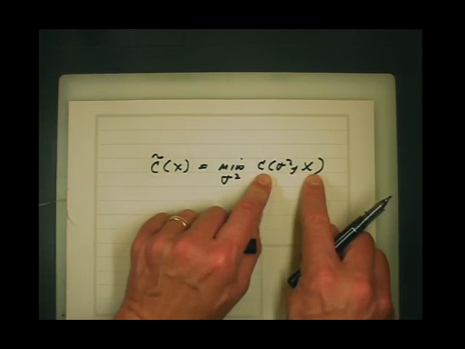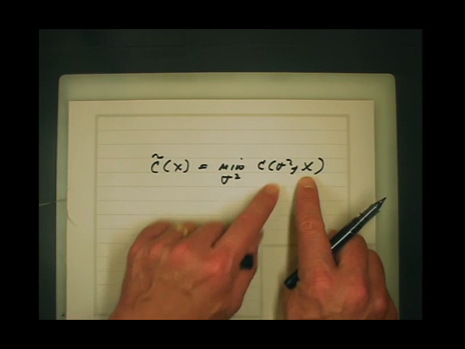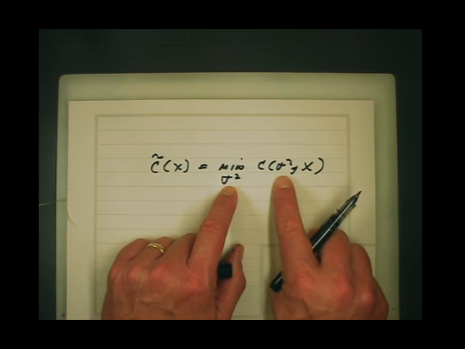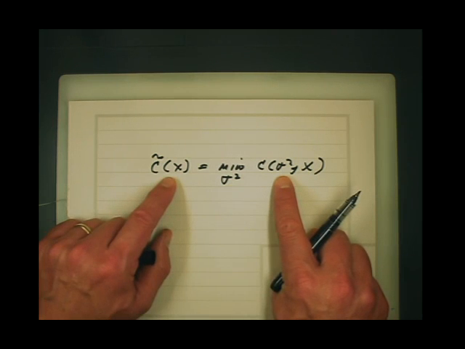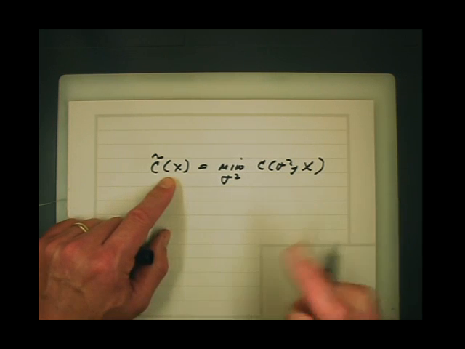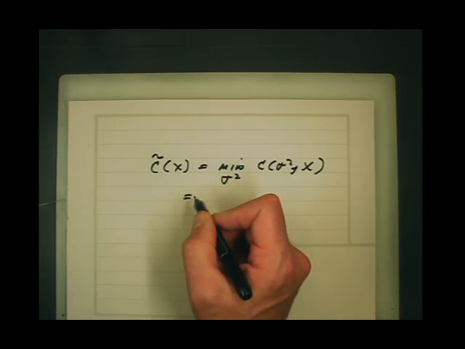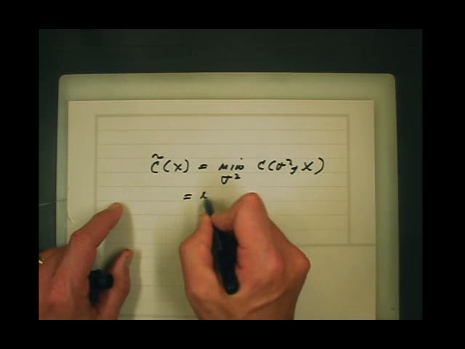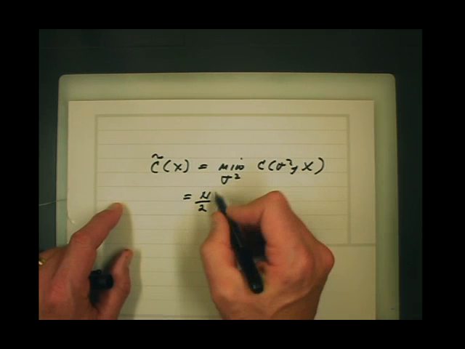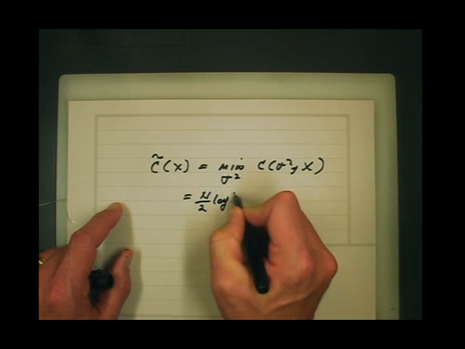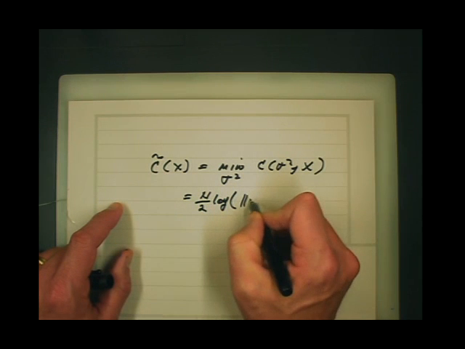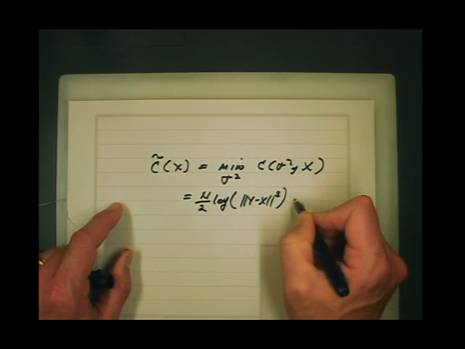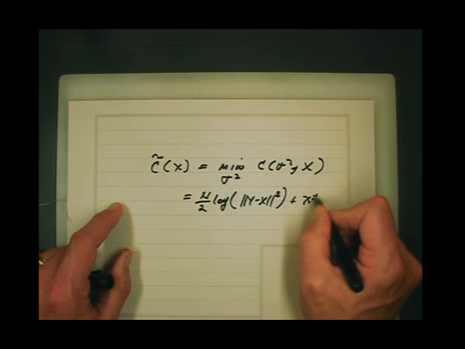We have this joint cost function in sigma squared and x, you can minimize analytically with respect to sigma squared and plug that in, and you'll get a new cost function. And that new cost function turns out to be kind of interesting: n over 2 times log of the norm of y minus x squared, plus x transpose Dx.